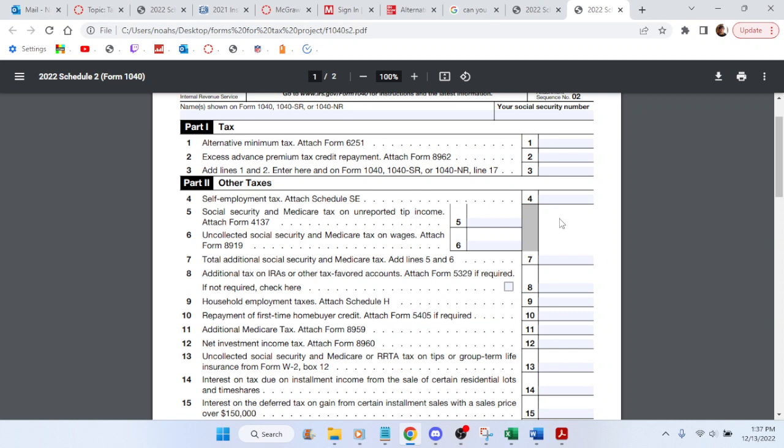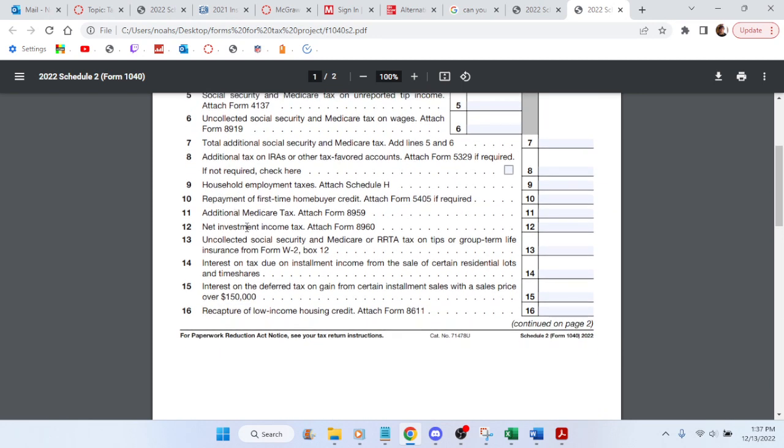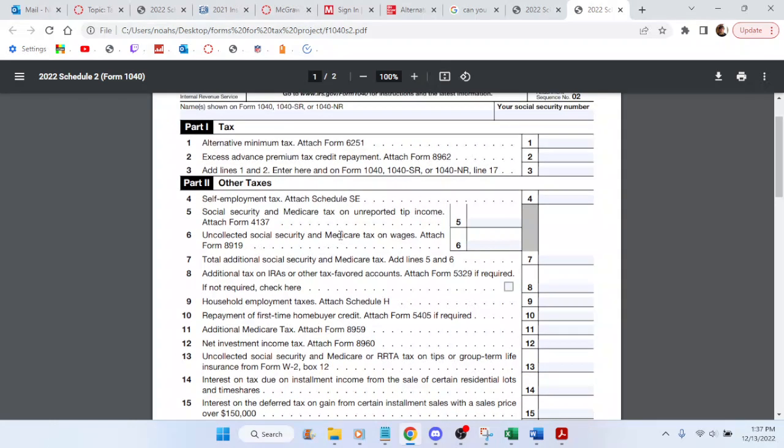Or wait. So I'm going to assume there's no additional Medicare tax, no net investment tax. All I'm going to do is have the self-employment tax, which is what?